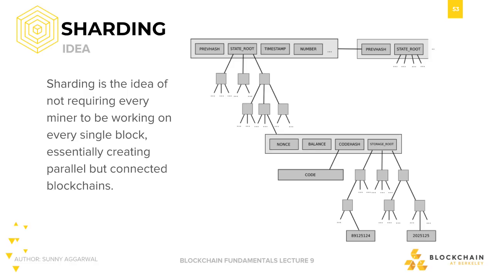And this is just an idea right now. It's trying to be implemented, but the difficult aspect about this idea is we don't have a way for shards to really communicate with each other, and that's what they're trying to fix. But sharding is the idea that you're trying to parallelize your blockchain by creating shards so that you have less things to work with and therefore can make things a little bit faster.